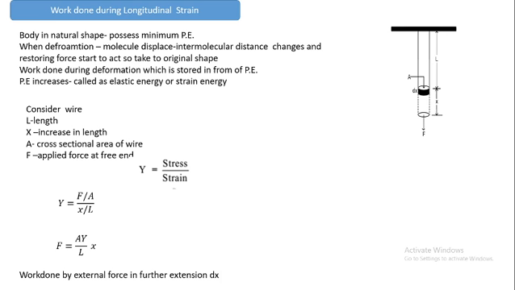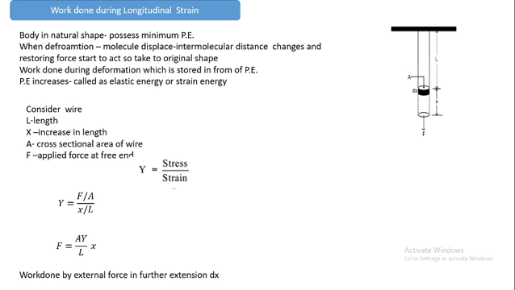It means the intermolecular distance will change. Once the intermolecular distance changes, a restoring force is introduced, and the restoring force acts in the opposite direction of the external applied force, and it always tries to bring the body back to its original shape.